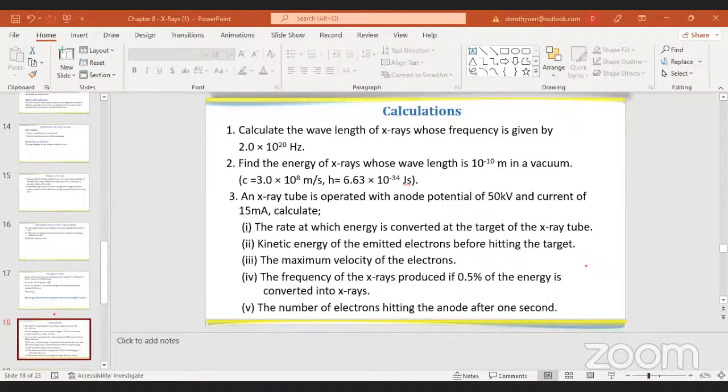If you were in the last lesson that I covered on the electromagnetic spectrum, I explained what C was. Unless you were not there, I said C is the speed of light or the velocity of light. Anytime you come across C, you know it is the velocity of light, not just any other velocity, but the velocity of light.